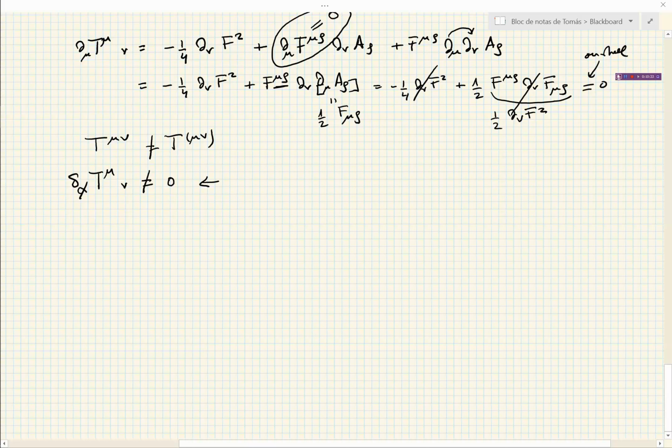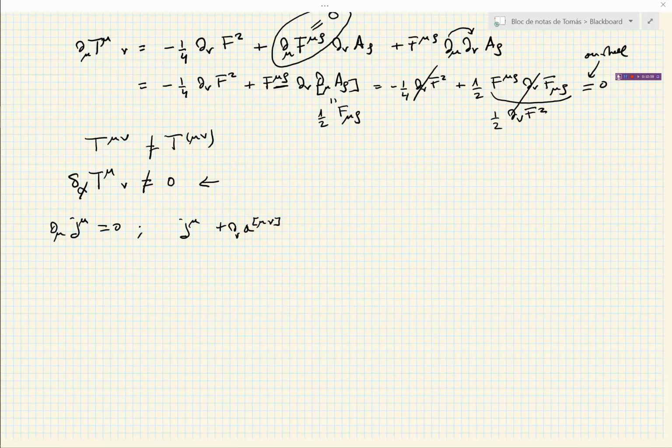When we have a conserved current, okay, so this current is such that it satisfies this, you can always modify J mu by adding a term, let's say of this form, partial nu A mu nu. So you have something which is antisymmetric.